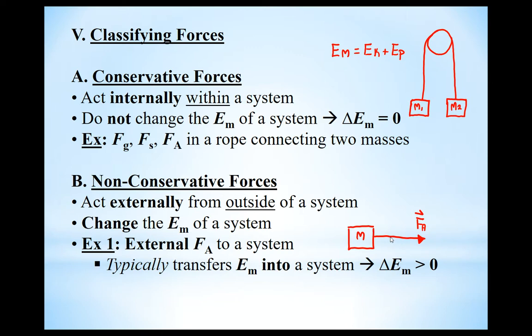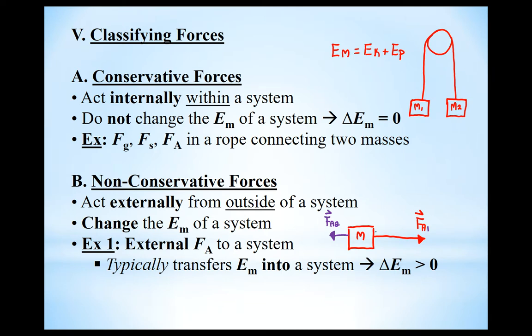However, there can be situations where an external applied force can actually take mechanical energy away. So let's think about this from a tug of war perspective. Let's say now that I apply a force on the other end of the mass. We'll call this one FA2. Now, it's a smaller force of magnitude compared to FA, which we call FA1.